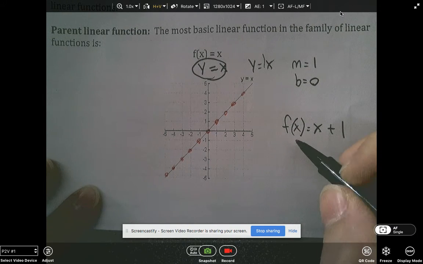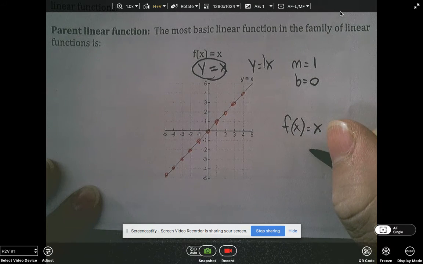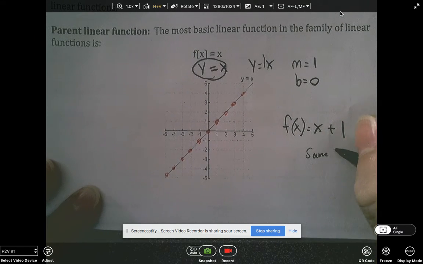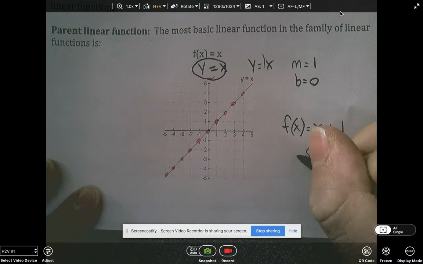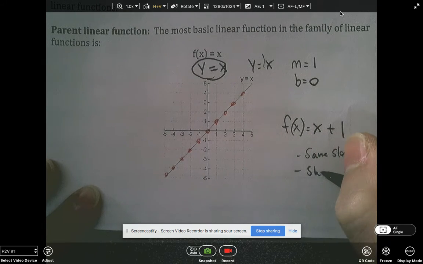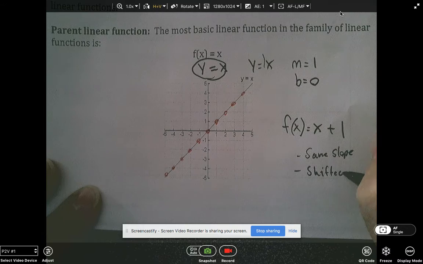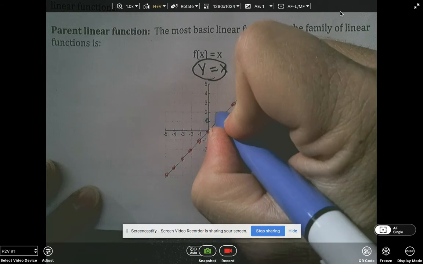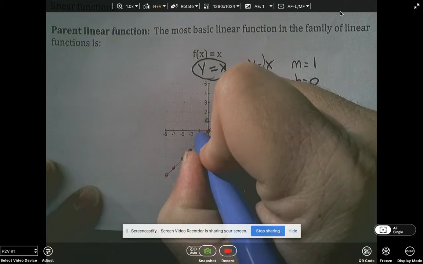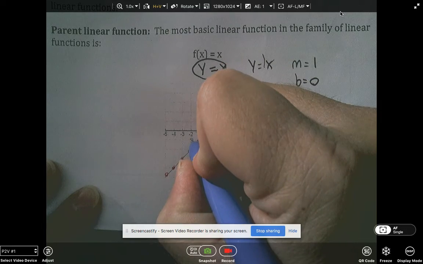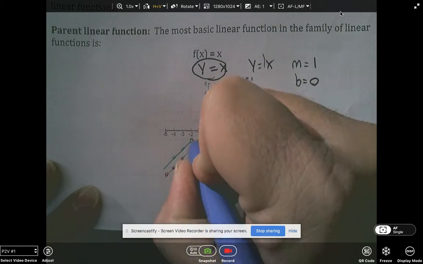So you would just write: same slope, shifted up 1. And if you want to see a graph, I'll do it here for you. You could just go here, here, here, here, here, here. So like that.